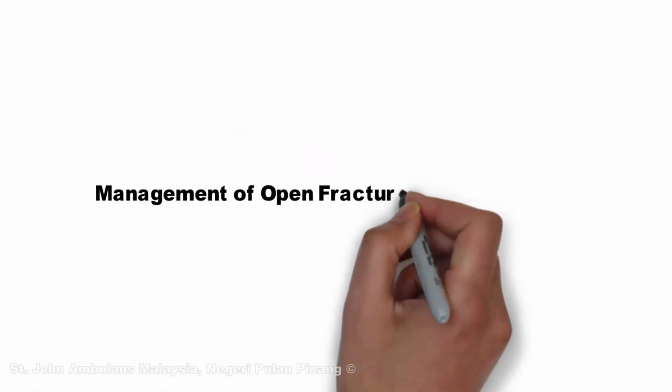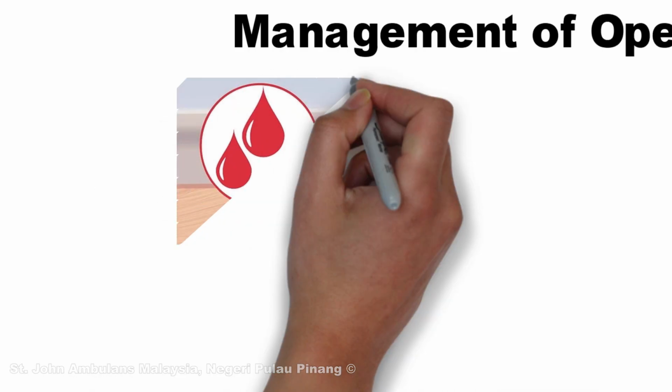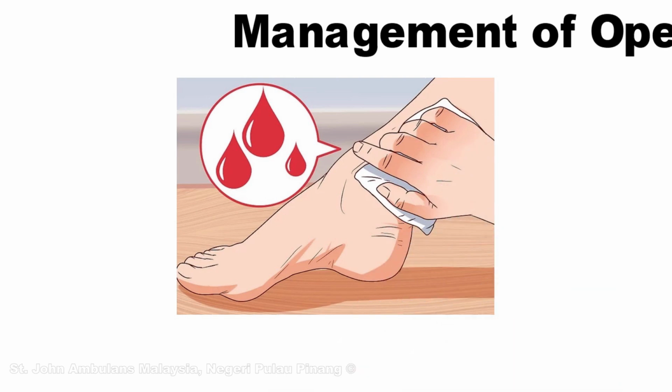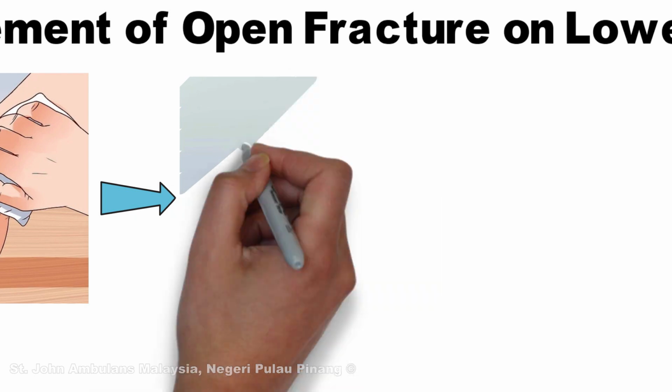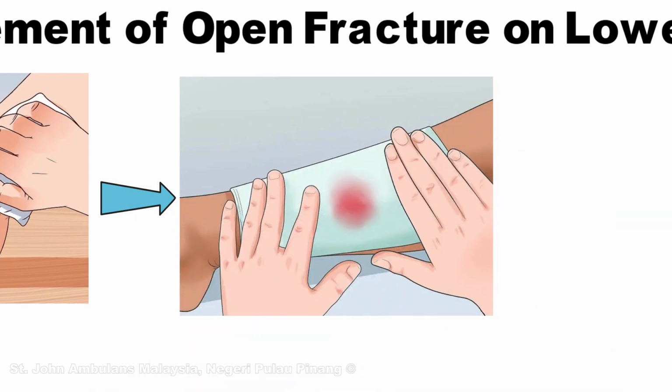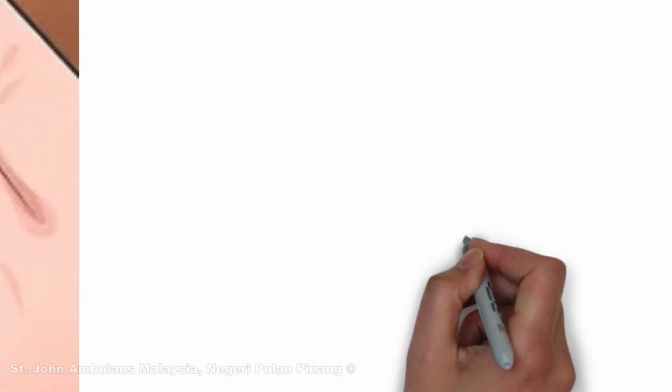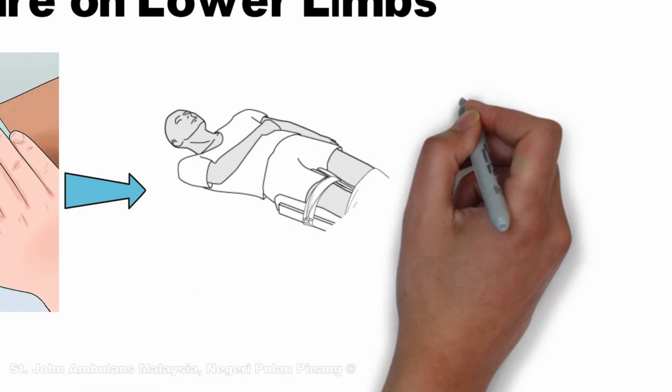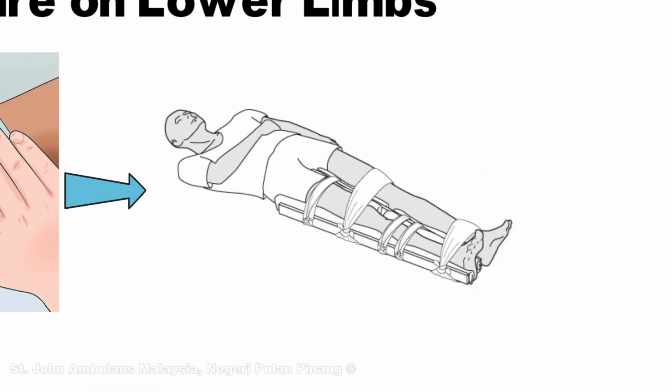For management of open fracture, firstly, cover the wound with a sterile dressing or a large, clean, non-fluffy pad. Advise pressure around the injury to control bleeding, but be careful not to press on the protruding bone. Immobilize the injured part with the uninjured leg.